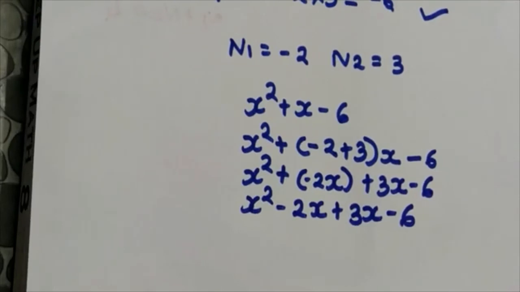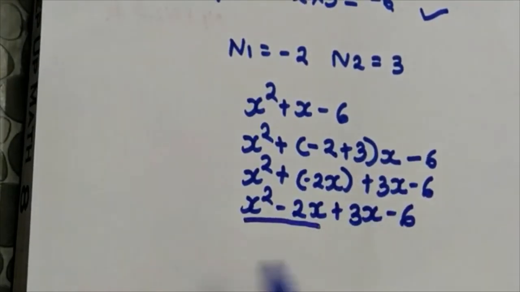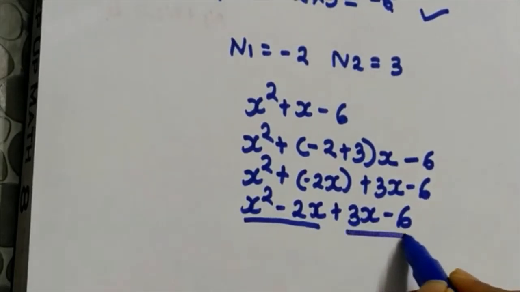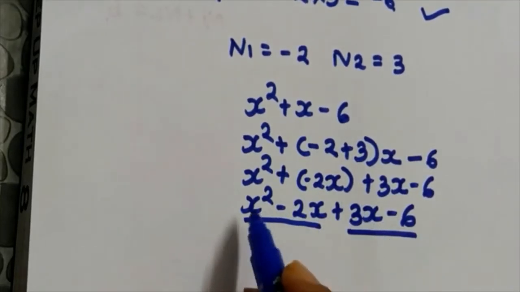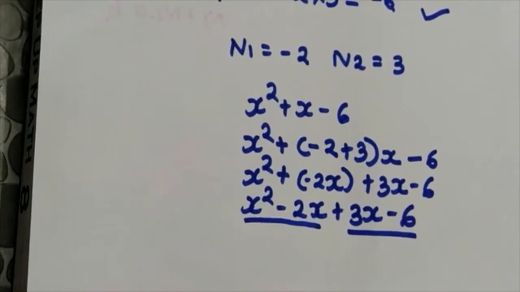Now by grouping method, we'll group these two expressions and we will take out the common factor. So x square minus 2x, we can find that x is a common factor.